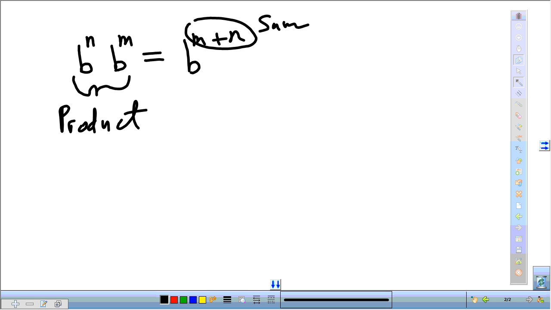What we might think of as a more complex operation, the product, is in the exponent a simpler operation, the sum.